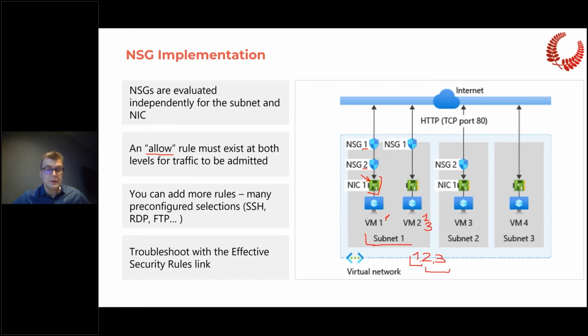And we additionally secure virtual machines 1 and 2, so that virtual machine 1 doesn't get traffic on ports 2 and 3, and virtual machine 2 doesn't get traffic on port 1. So we have additional security should something go wrong.